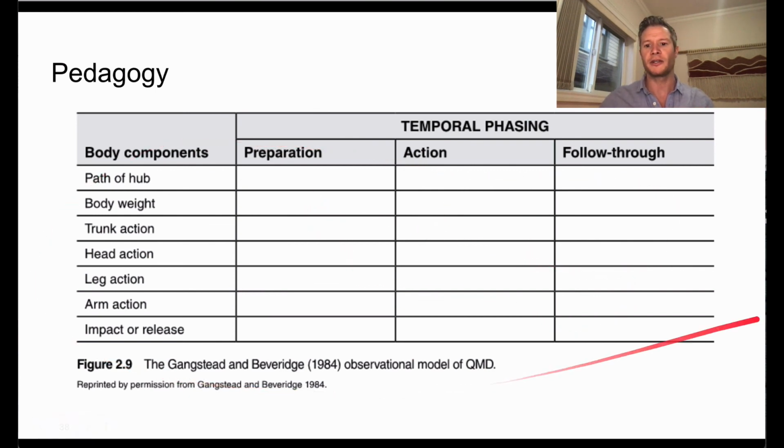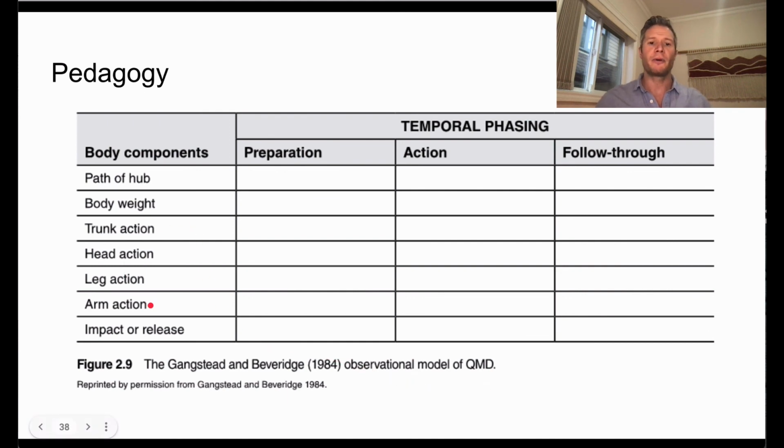And this is really a large part of where your model is based off as well, right? So how is the body weight happening in prep? Well, it's leaning back. Okay, then during the action phase, it shifts to the front foot during the throw. And then during the follow through, body weight's all on the front foot. So you can really successfully produce a really good model from here.